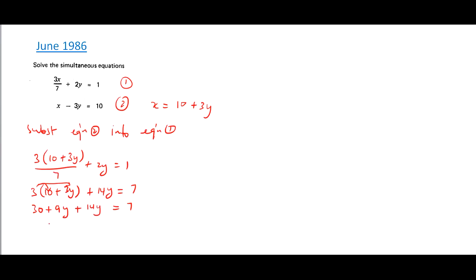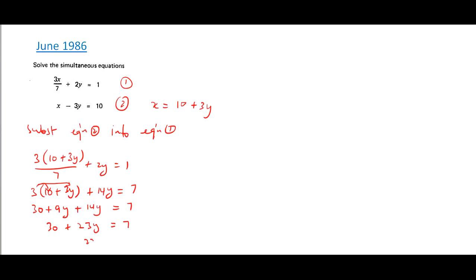Alright, so 30 plus 9y plus 14y gives me 23y is equal to 7.